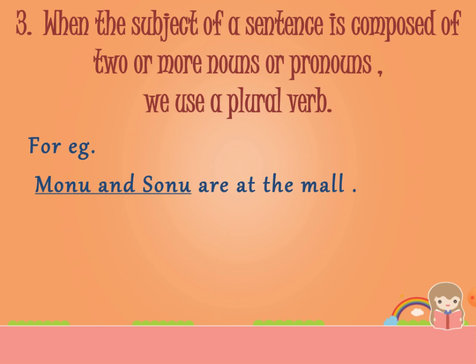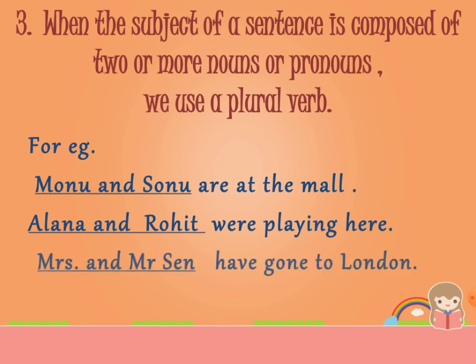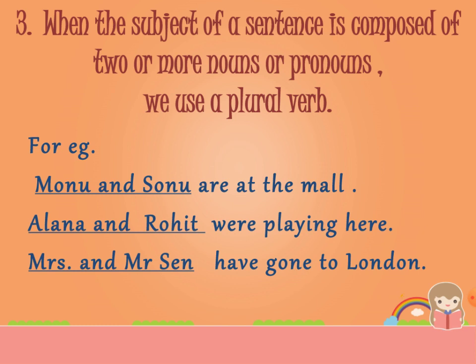So for such a compound subject, you have to use the plural verb. Elena and Rohit were playing here. Mrs. and Mr. Sen have gone to London. So Monu and Sonu becomes plural. So we use the plural verb are, were, have. Okay children?